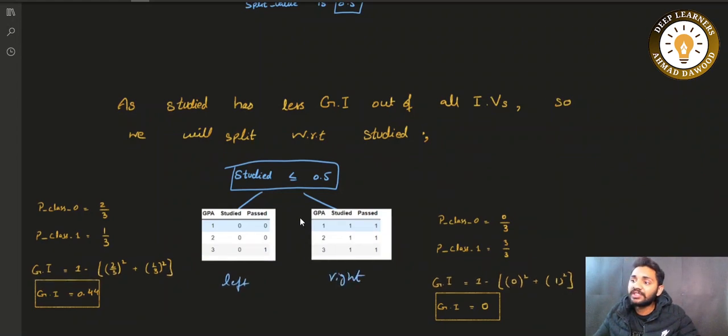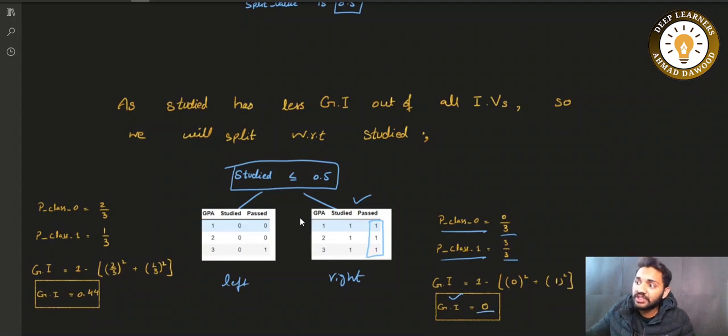Now on these two data sets, we follow the same process again. In the case of the right data set, all samples belong to one class. If we calculate the Gini impurity, the probability of class 0 is 0 and the probability of class 1 is 1, so the Gini impurity is 0.